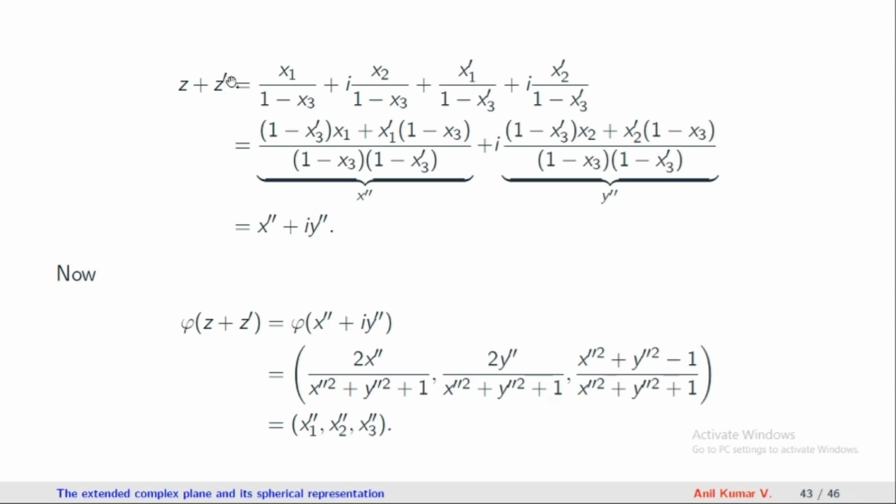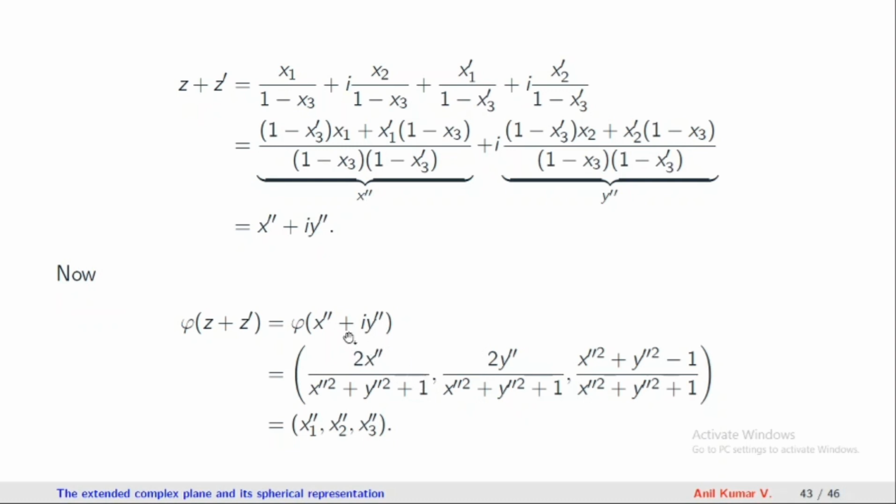Therefore, z plus z prime is the sum of 2 complex numbers, and this complex number is equal to x double prime plus i into y double prime, where the real part is x double prime and the imaginary part is y double prime. But the spherical image of the point z plus z prime is equal to the spherical image of x double prime plus i y double prime.